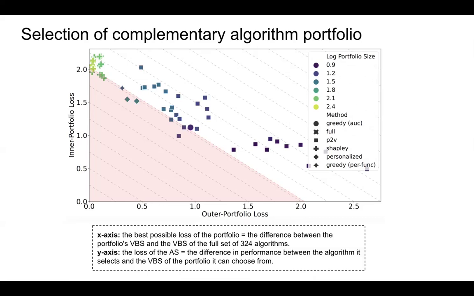So for example, if I'm developing some algorithm selection pipeline and I would like to show that I can really gain from algorithm selection, I need to care about how to select a representative algorithm portfolio.